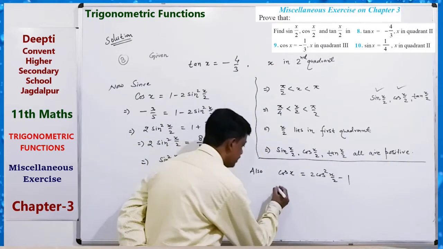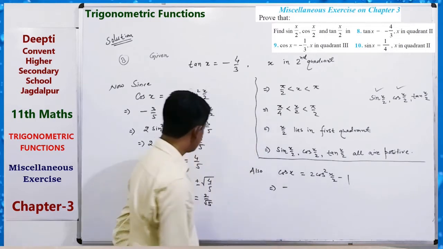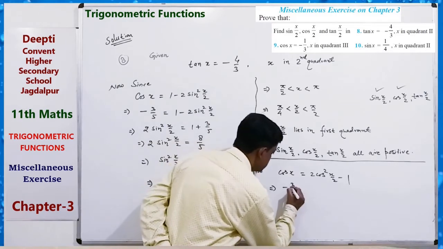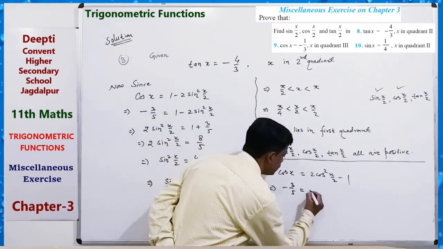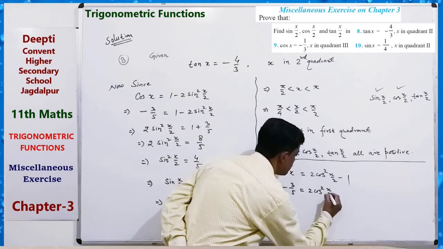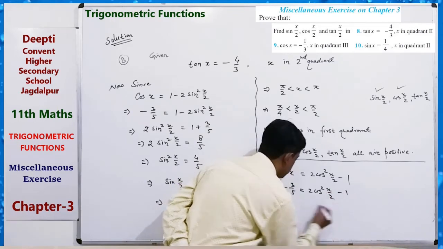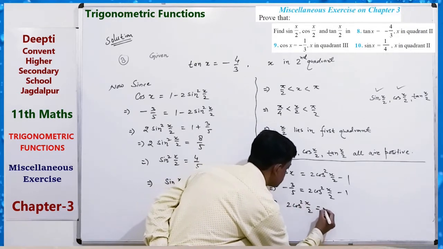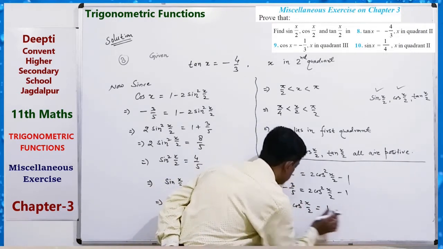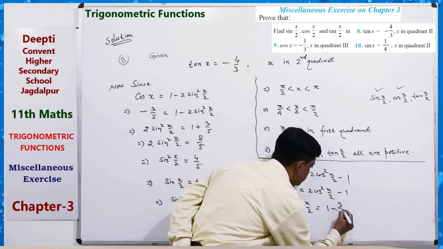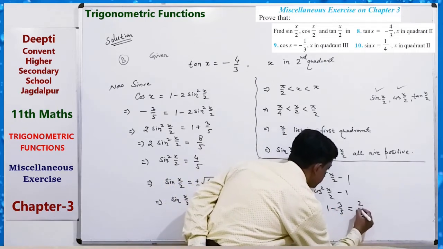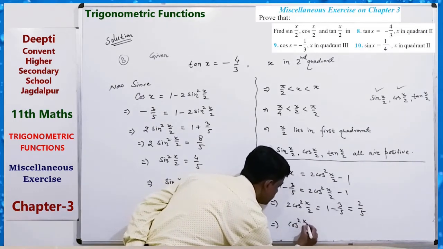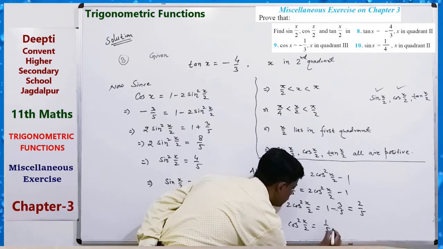So here minus 3 by 5 equals 2 cos square x by 2 minus 1. So 2 cos square x by 2 equals 1 minus 3 by 5, that is 5 minus 3, 2 by 5. So cos square x by 2 equals 1 by 5.